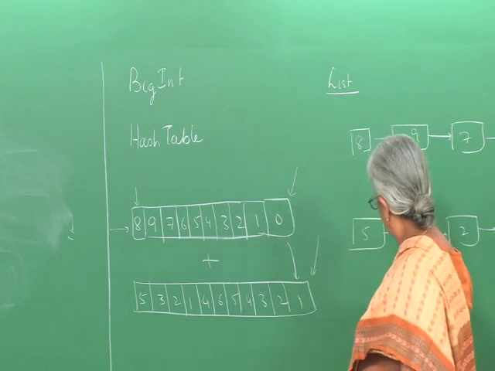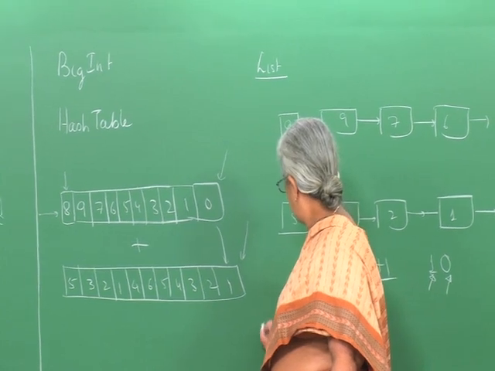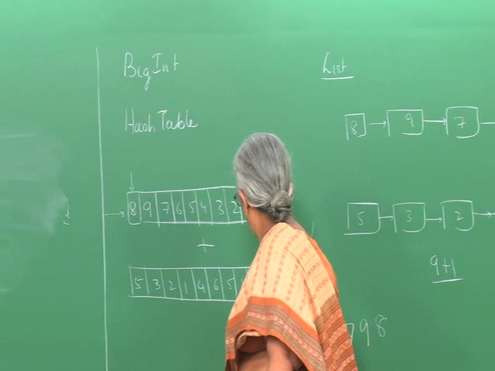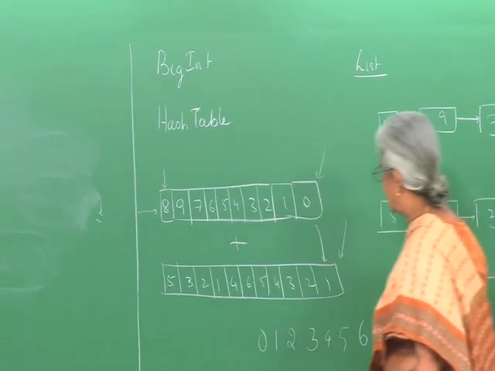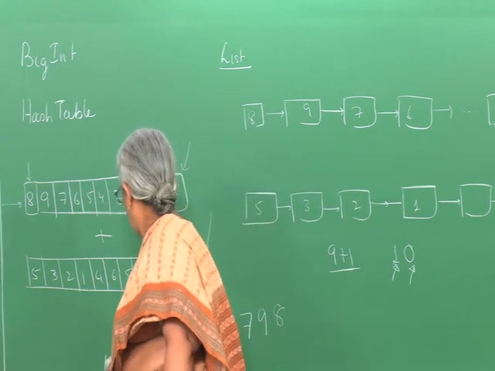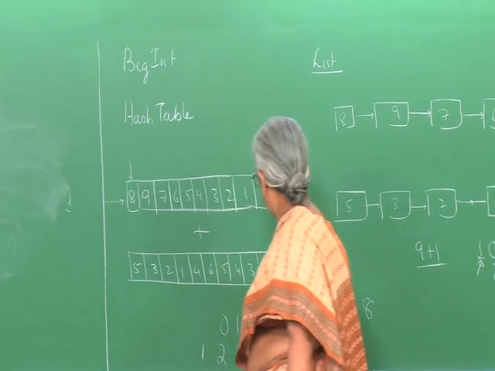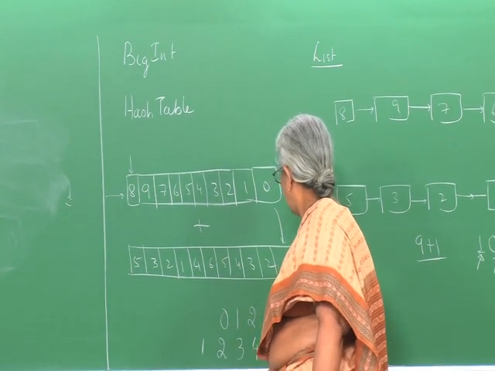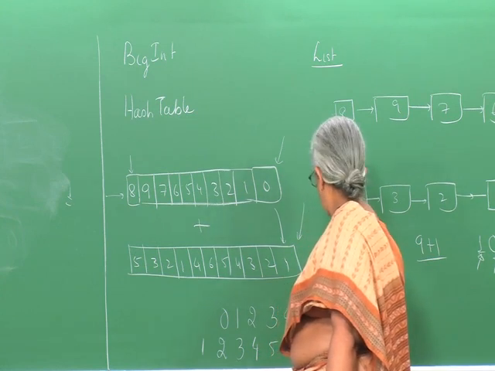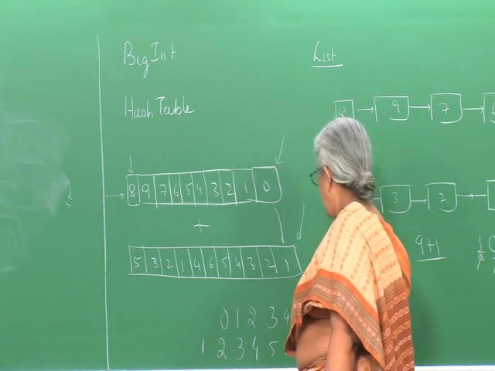So actually what is represented in the big int is, I'll tell you why it is being done like this, 6, 5, 4, 3, 2, 1 and 0. It's written like this. Okay. And similarly this other number here is written as 1, 2, 3, 4, 5, 6, 4, 1, 2 and 3 and 5.